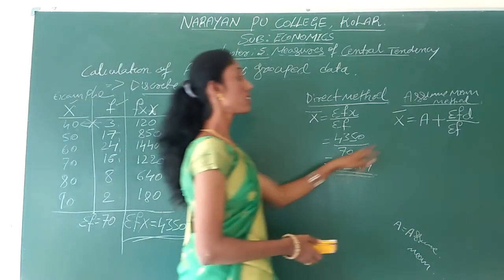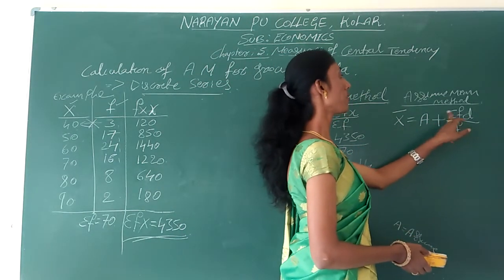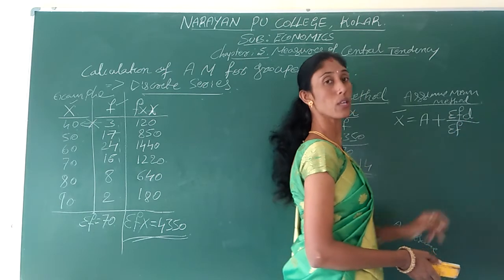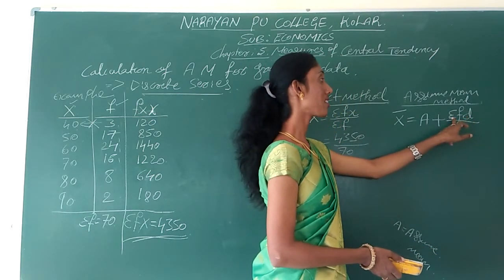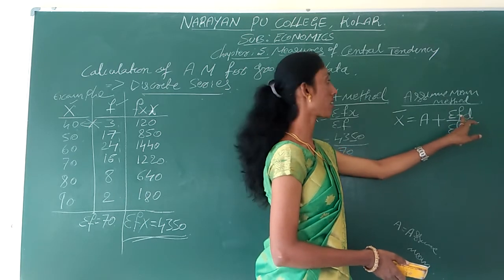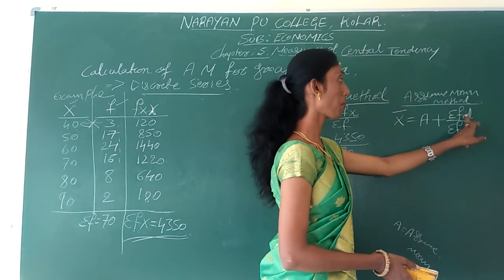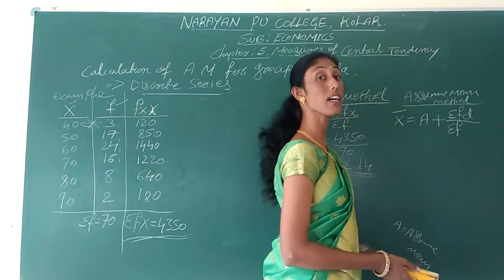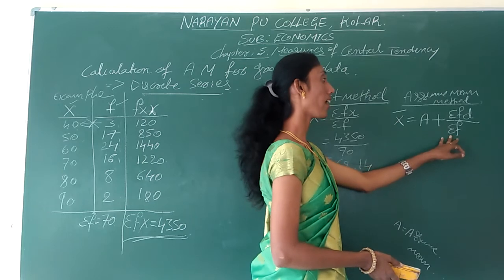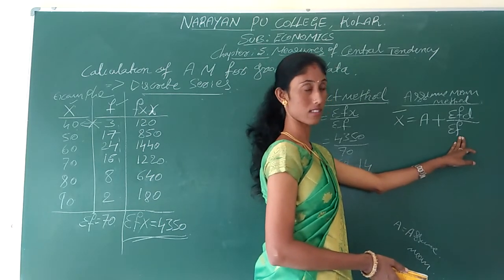And here sigma f into d means the sum of frequencies multiplied by deviations. As usual, sigma f means the sum of the frequencies.